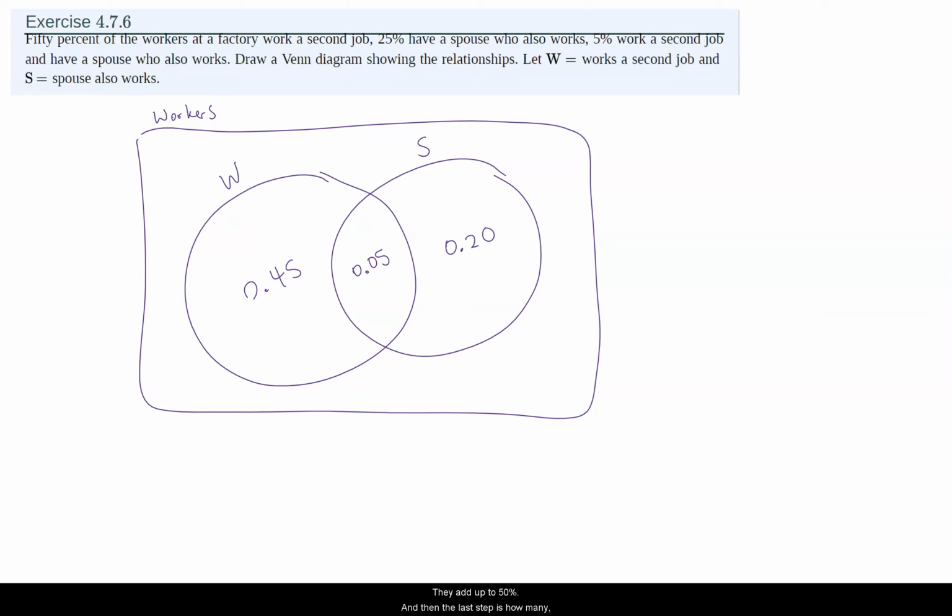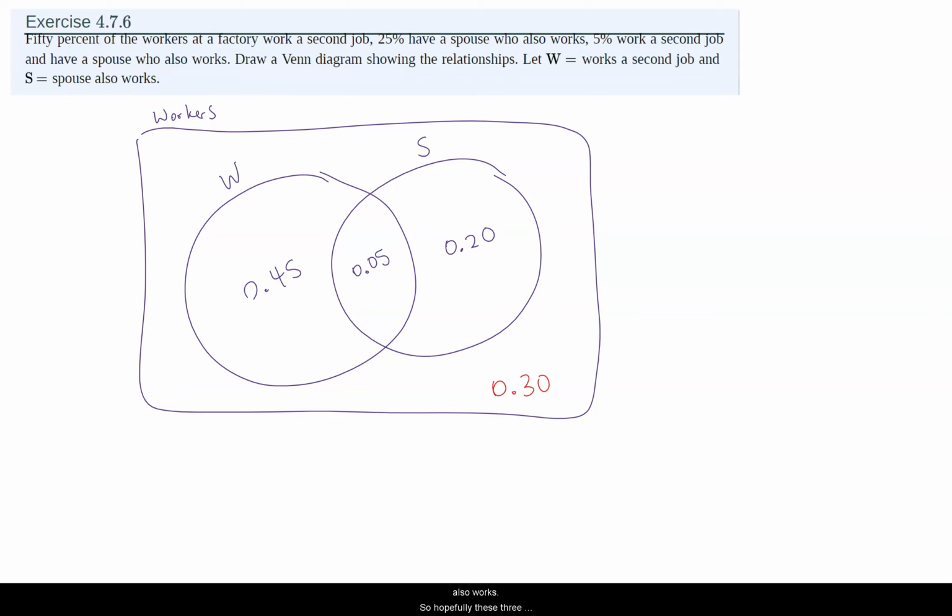And then the last step is what percentage of workers have neither? So if we add up what's inside the Venn diagram already, 0.45 plus 0.05, that's 50%, plus 0.2, 70%. Outside the two circles, we would have 30% that are neither. They neither work a second job nor have a spouse who also works.